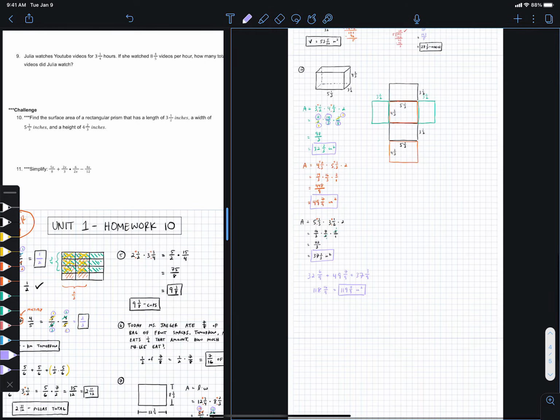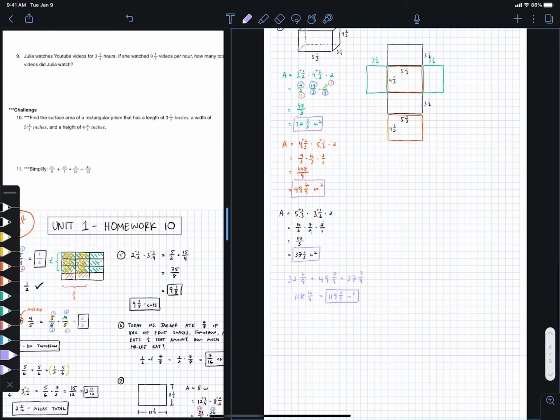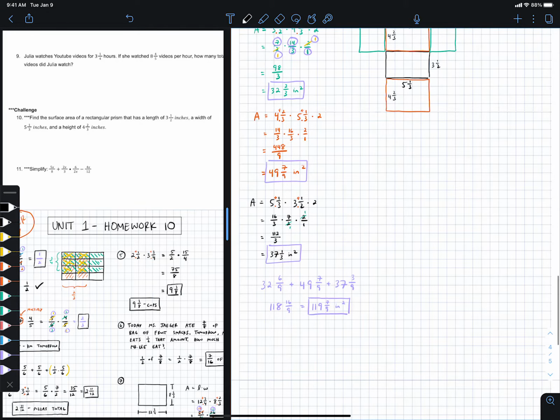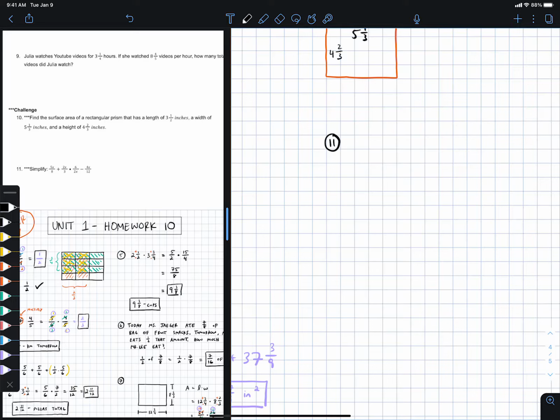That one is kind of a long problem. Hopefully number 11 isn't as bad. Let's see. Number 11. We have to simplify this thing. So we have 5x over 8 plus 2x over 3 times 6 over 2x minus 4x over 12.